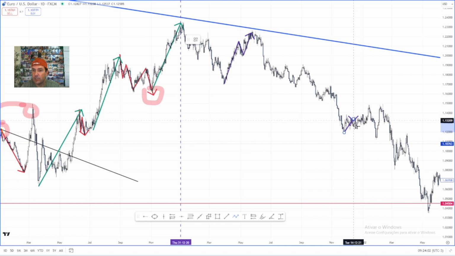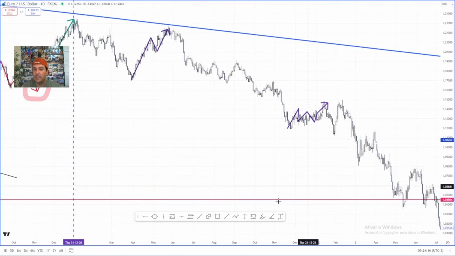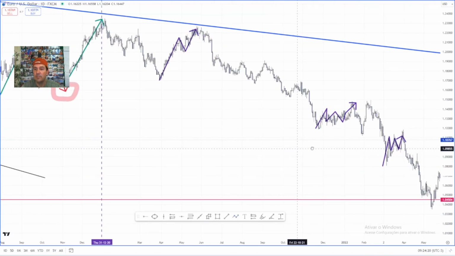There you go, this was a retracement, higher highs, higher lows. That was a retracement, not really. So see how easy it is to make a mistake. Higher highs, this was the retracement until here, and retracement, higher highs, higher lows in here too.